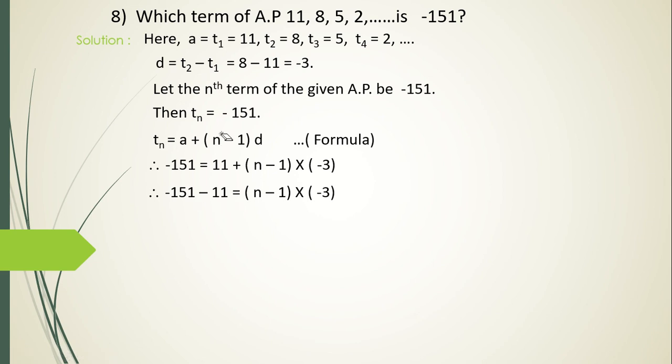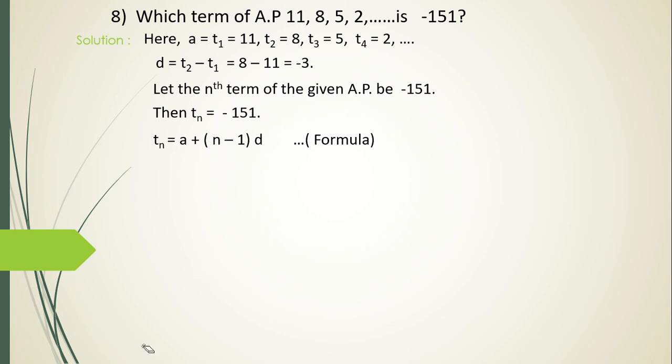But here n we don't know. T of n is minus 151. It's not the value of n that we know. Minus 151 is the nth term, but n is what we have to find.